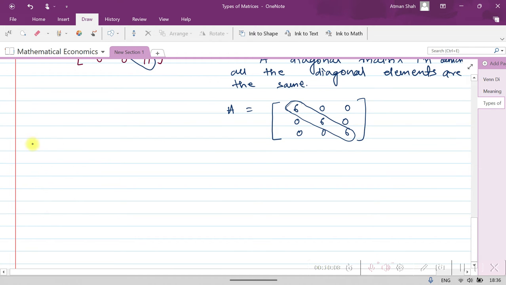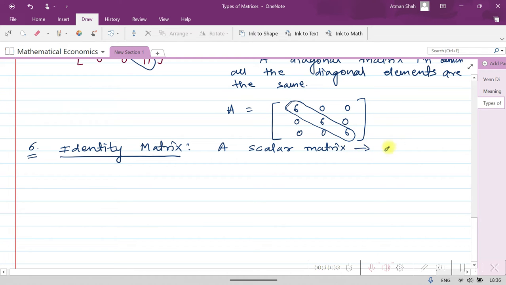Then we have identity matrix. A scalar matrix in which all the diagonal elements are equal to 1.